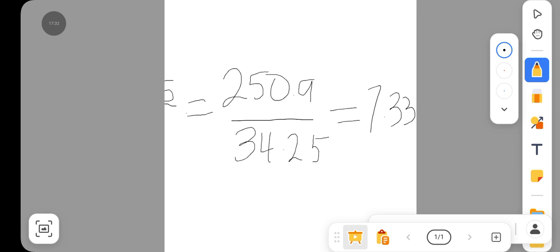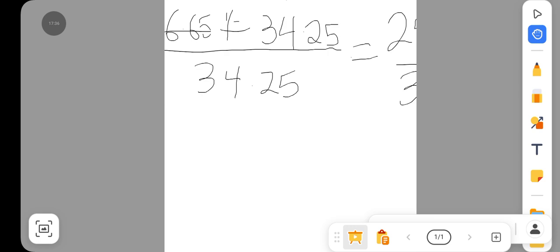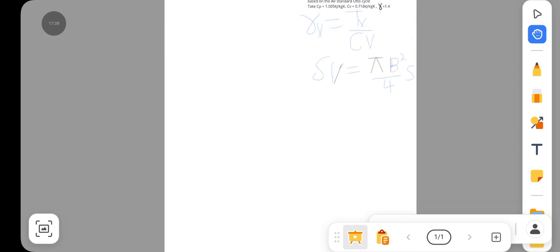So this here would give us 7.33 as our value. So now that we have already gotten this, we can go back and solve for our cycle efficiency.